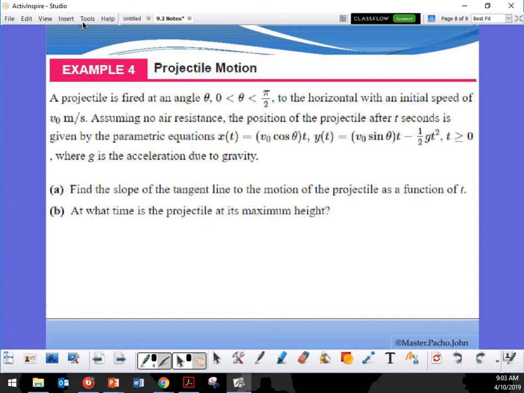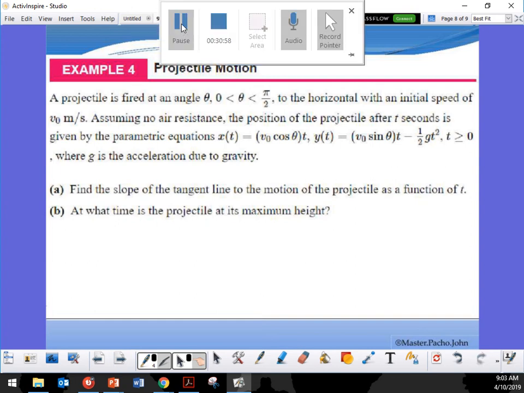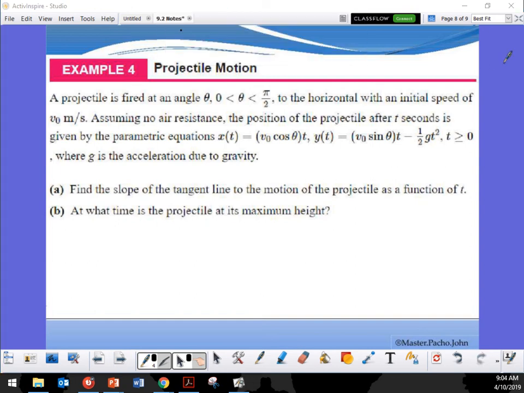Man. You know what? I'm going to pause this one. All right. So, slope of the tangent line. So, I'm going to do the derivative of this. So, that would be what? So, this is in terms of t, isn't it?